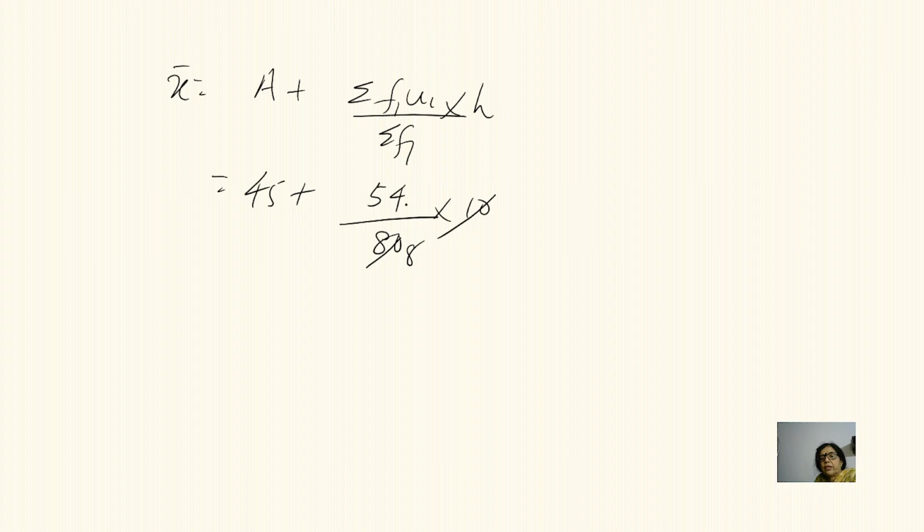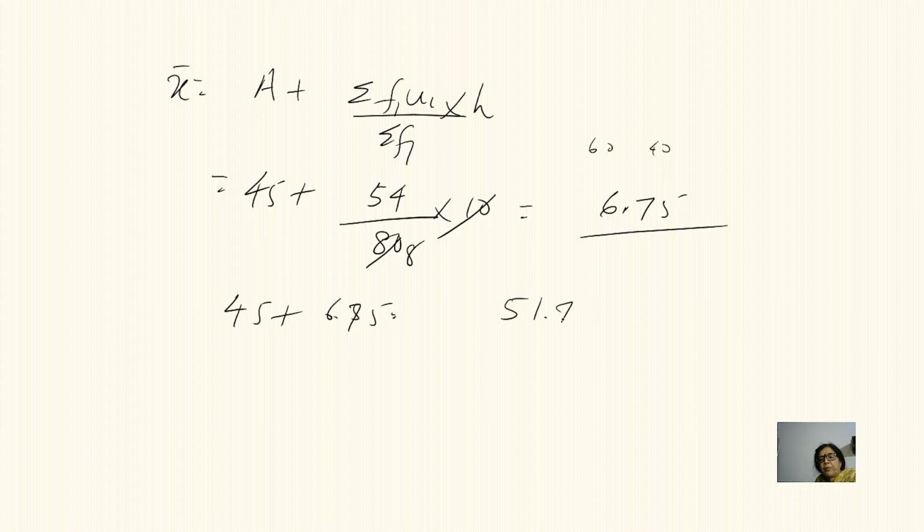So we get 54 times 10 by 80, which gives 6.75. So 45 plus 6.75 will give us 51.75. So in this case, we can make it as 51.8.